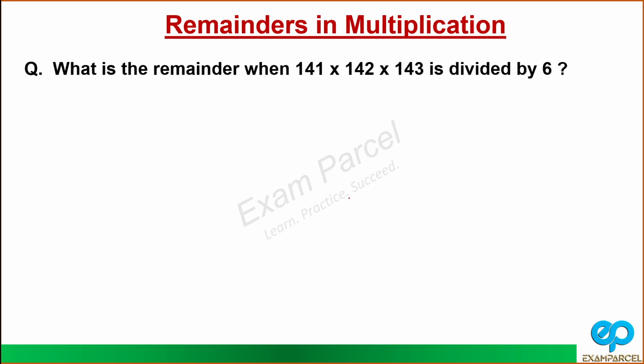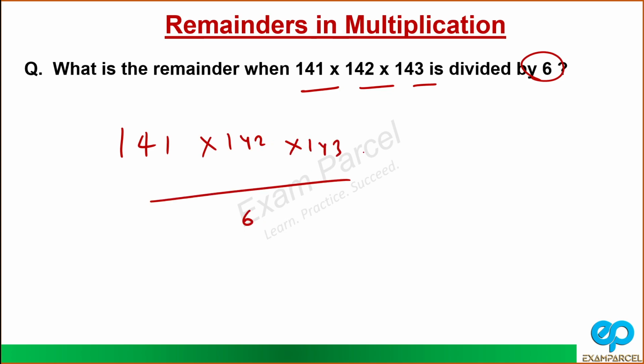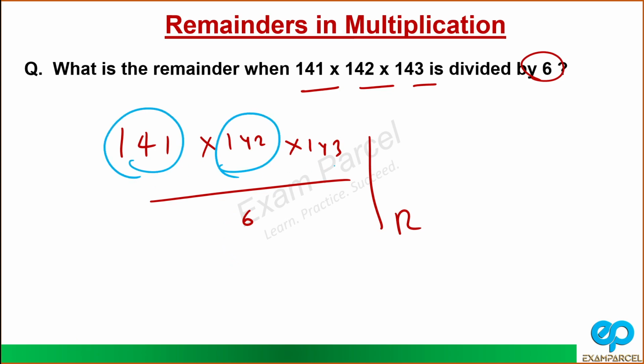So what is the remainder in multiplication? For example, here I have 141 into 142 into 143 divided by 6. What is the remainder? Okay, so how can we solve this? What we will do is find individual remainders for all these and multiply them.